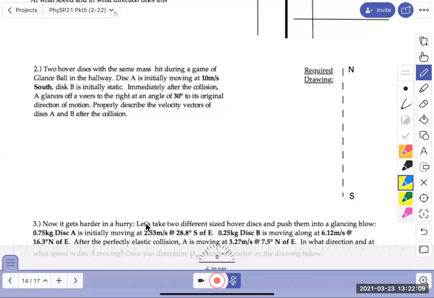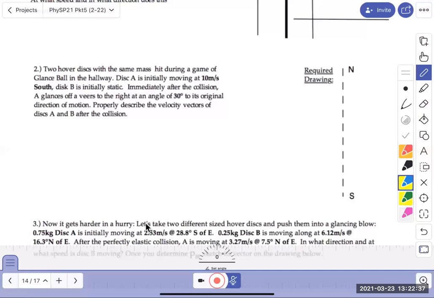All right, so here we have 2 hover discs. In class, there are these little bouncers. They're discs with rubber around the outside, so they hit and bounce off each other in a supposedly elastic collision. They're hover discs, so they don't deal with friction. This is what we do in the hallway. This is glance ball. One disc is coming down from the north end of the hall to the south end, and it hits disc B, which starts off not moving.